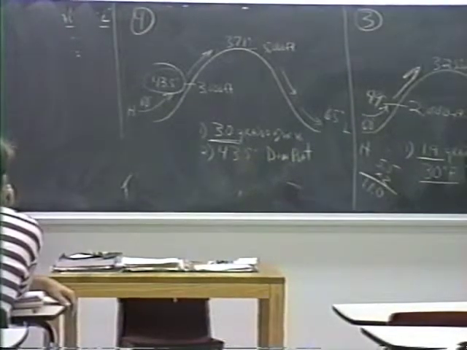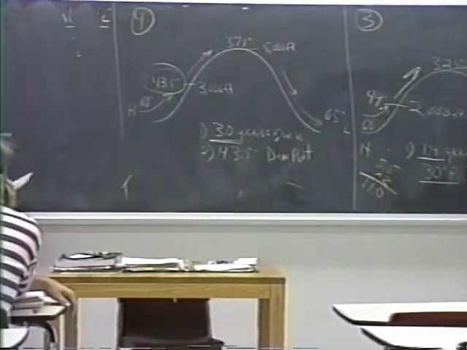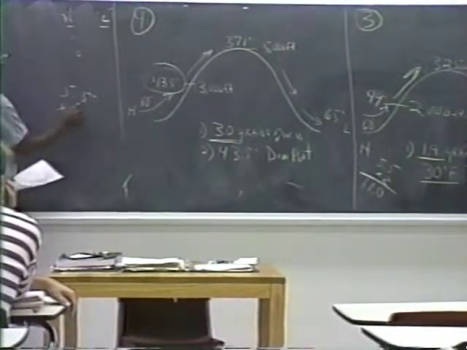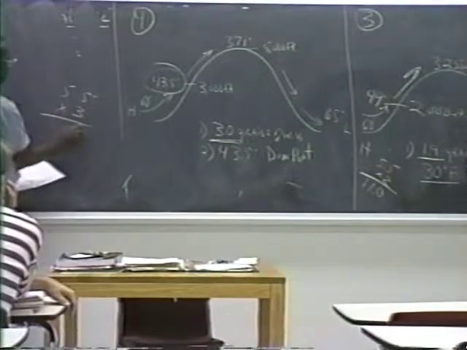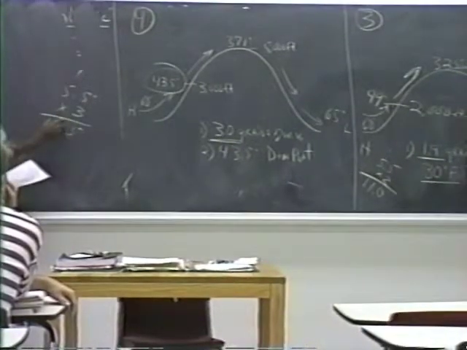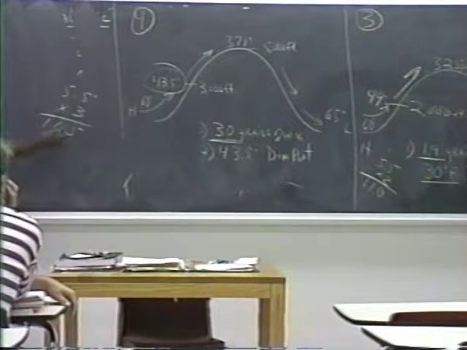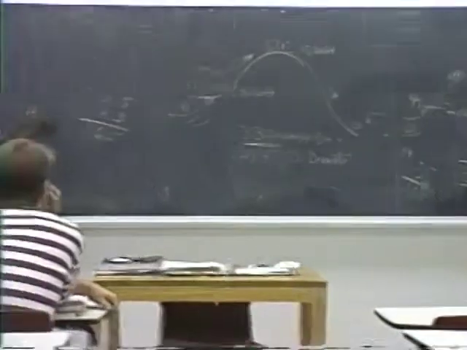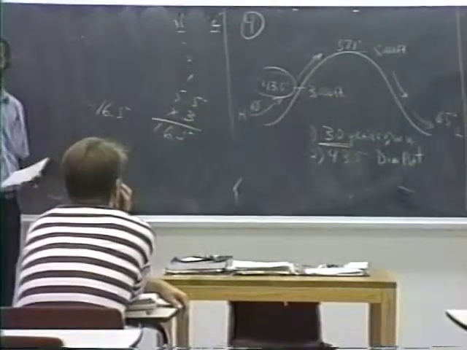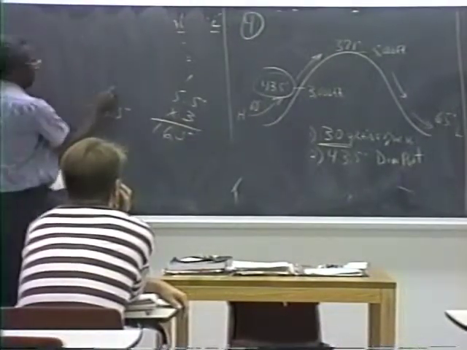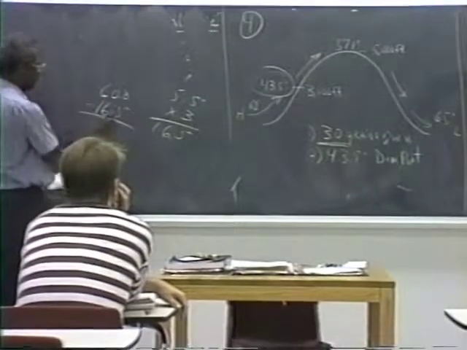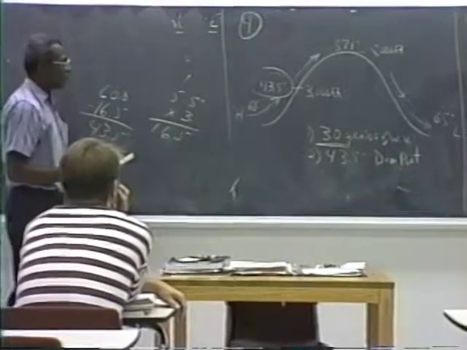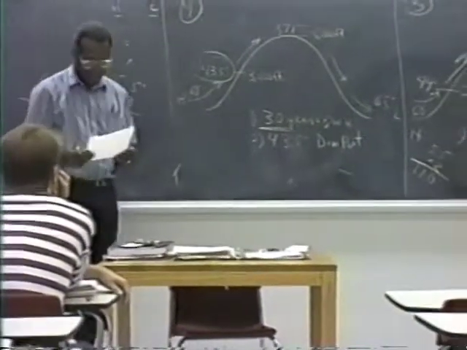We would multiply what by what? 5.5 times 3 gives us 16.5. And we would do what? Subtract 16.5 from what? 60. And it gives us the 43.5. Okay, that's pretty straightforward.